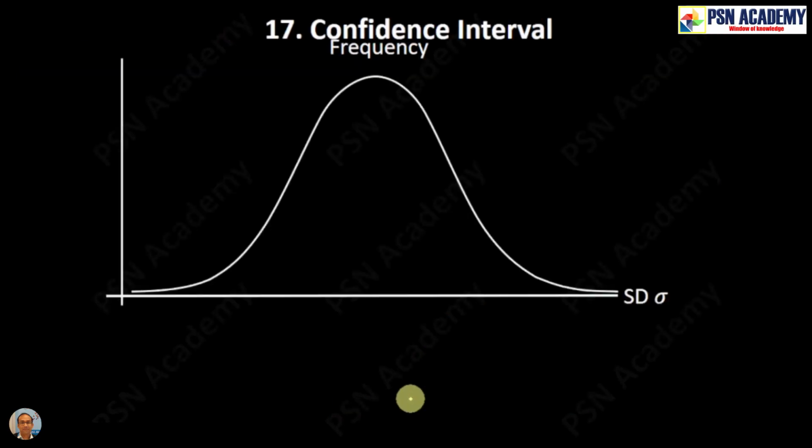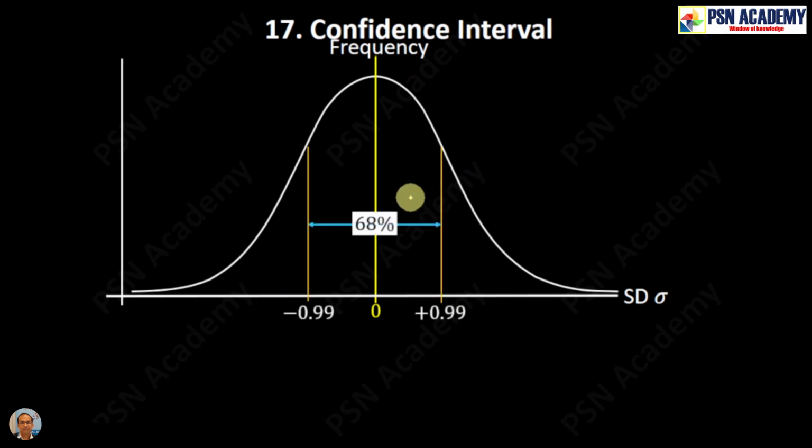Next, we go for confidence interval. Before going for confidence interval, you must have a clear idea about the normal distribution. This scale is regarding SD, that is standard deviation. We have learned already that the standard deviation 0 is actually the mean of the data, right? Now, if this is a normal distribution, the left-hand side of this line and right-hand side of this line are symmetric.